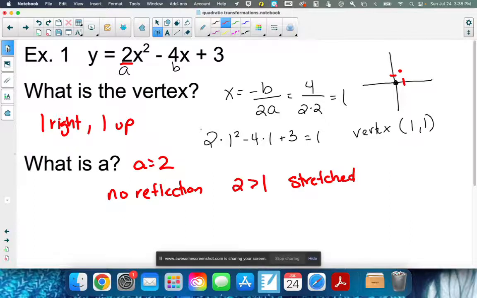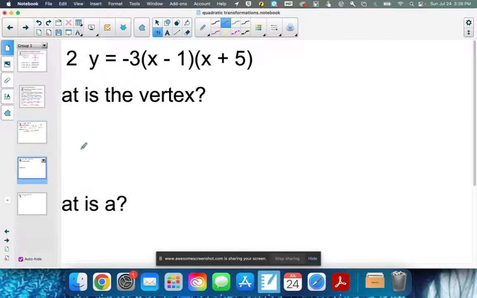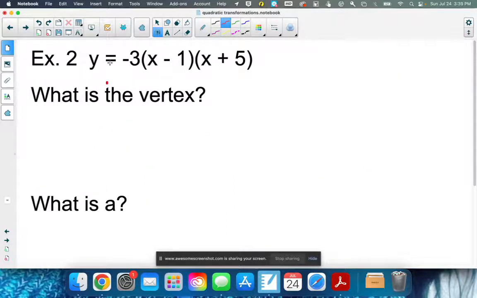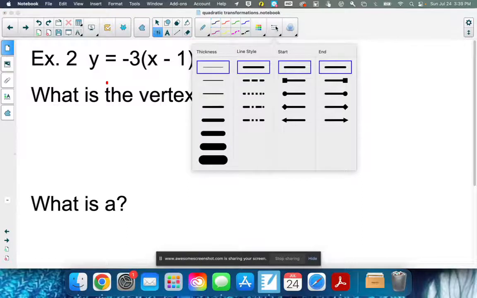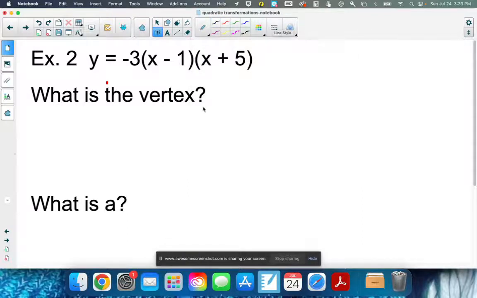All right, so let's try another. Okay, so this one is in intercept form. And remember, in order to find the vertex from intercept form, we first need the x-intercepts and then find the halfway or the midway point between them. So what are my x-intercepts?